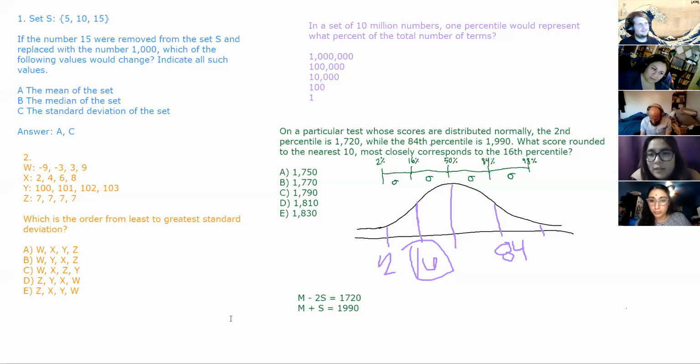So now I know that our deviation is 90, and I just took that one plus the 90, and then I got 1,810 is equal to the 16th percentile.